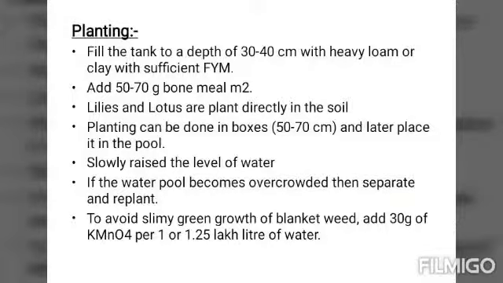Before filling the water, you have to fill heavy loam or clay soil with sufficient FYM, that is farmyard manure, at a depth of 30 to 40 centimeters. After that, you have to add 50 to 70 gram of bone meal per square meter.